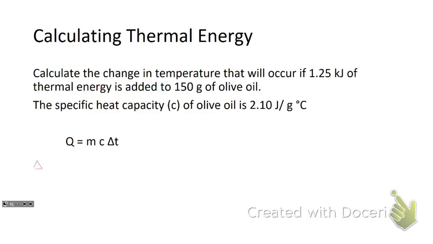So we're looking for delta T. That will occur if 1.25 kilojoules, not kilograms, kilojoules, of thermal energy is added to 150 grams of olive oil, and the specific heat capacity of olive oil is 2.10 joules per gram degree Celsius.